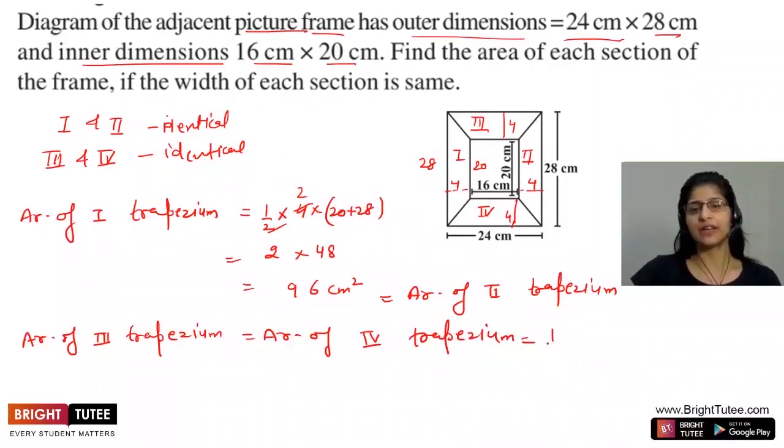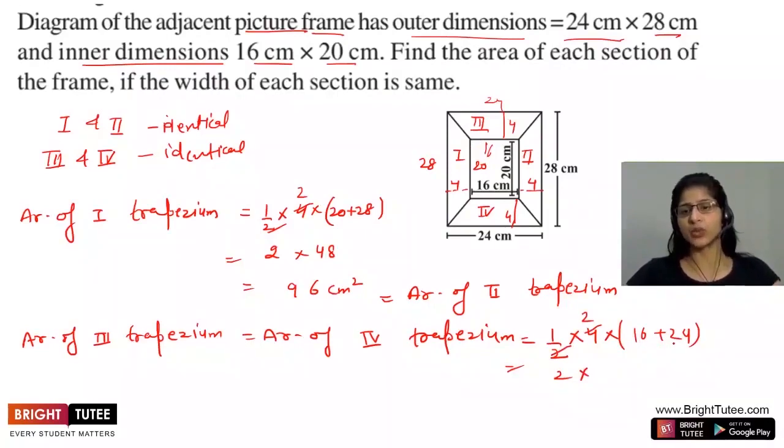So we will write half into the height, which is 4, into the parallel sides, 16 and 24. So we add 16 and 24, that is 40. 2 twos are 4, and 2 into 40 gives us 80 square centimeter as the area.